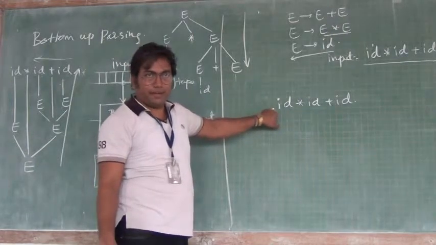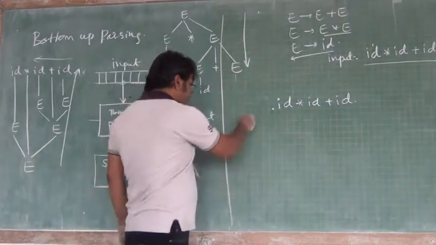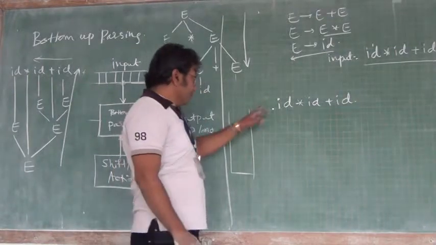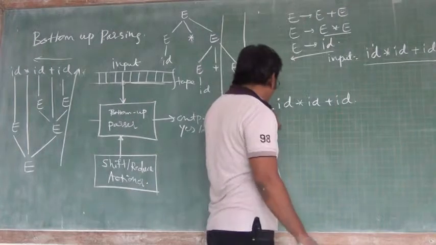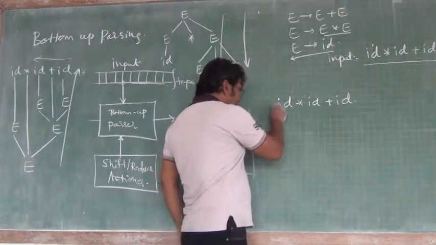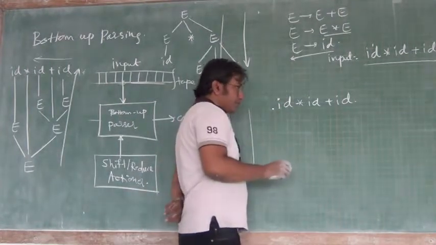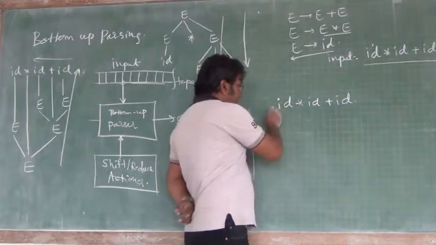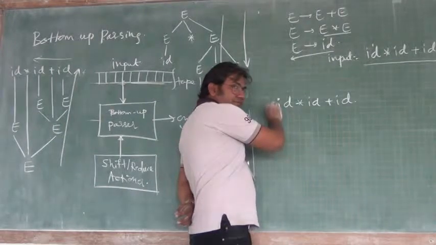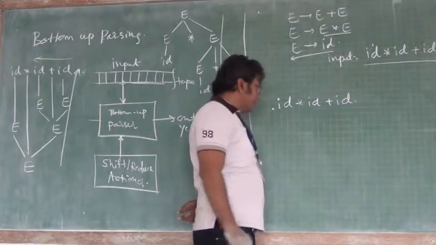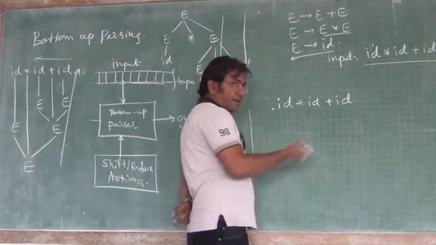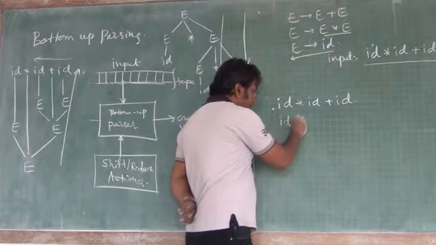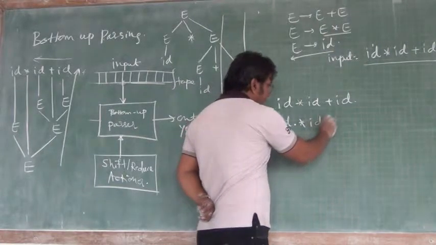Okay, right now my head is here and here I am having a stack. So what I do is shift my head one symbol to the right. So what do I get? ID dot star ID plus ID.